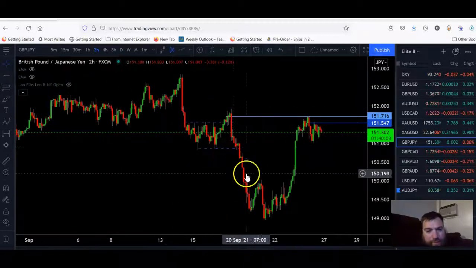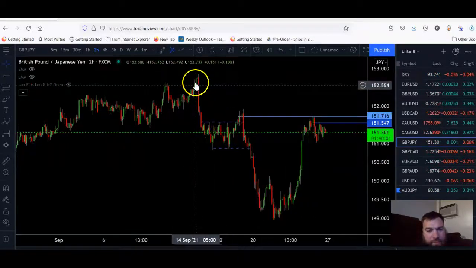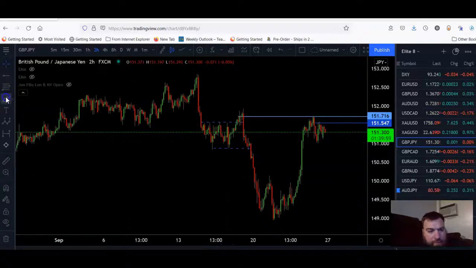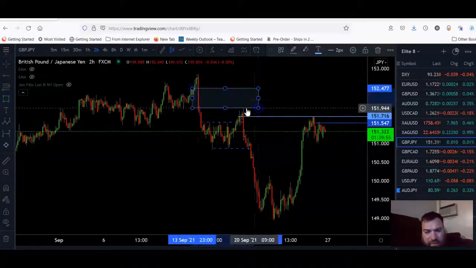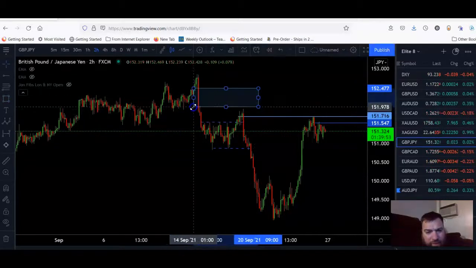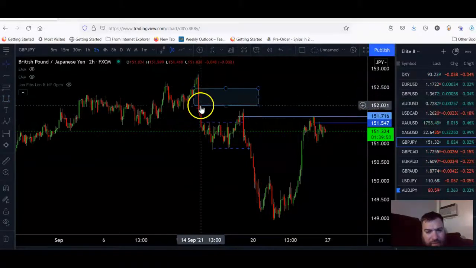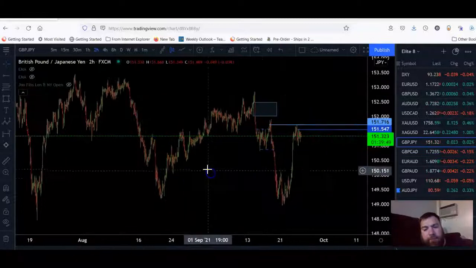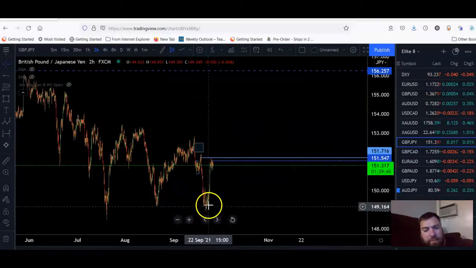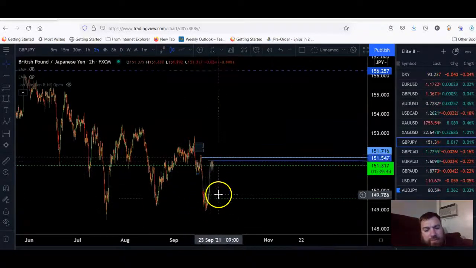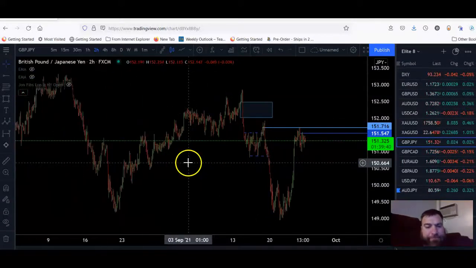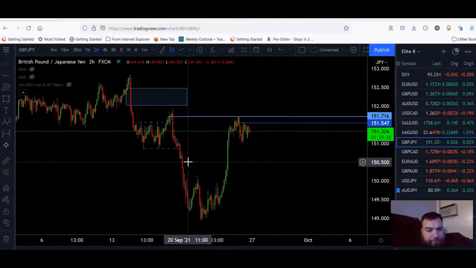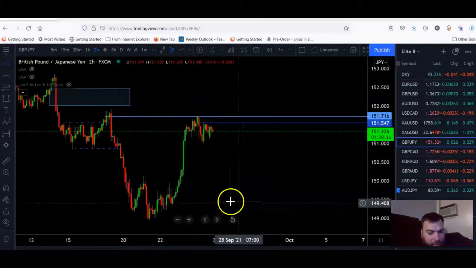I'm not too sure. Got some imbalance right here. Some imbalance needs to be filled right here. And this came up pretty aggressive. Might pull back.